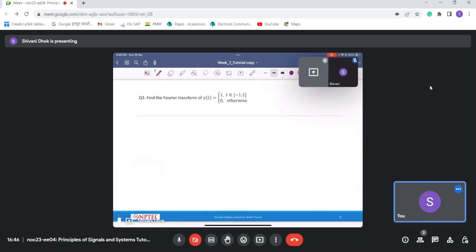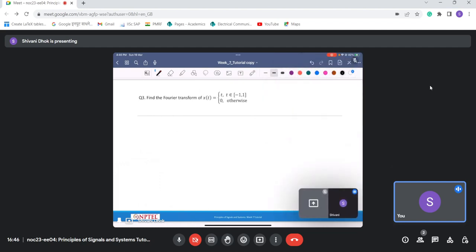So basically what I'm trying to say is this signal x(t) looks something like this. It goes from minus 1 to 1 and it looks like this, and it is 0 otherwise.